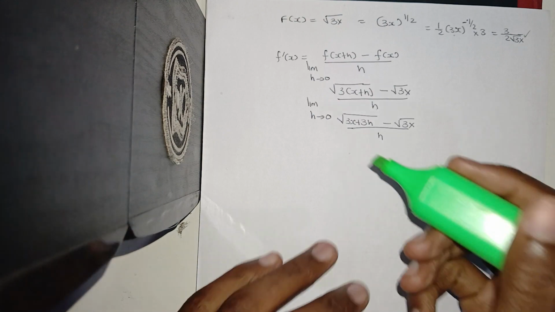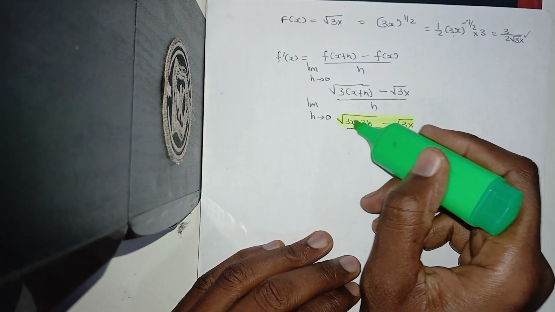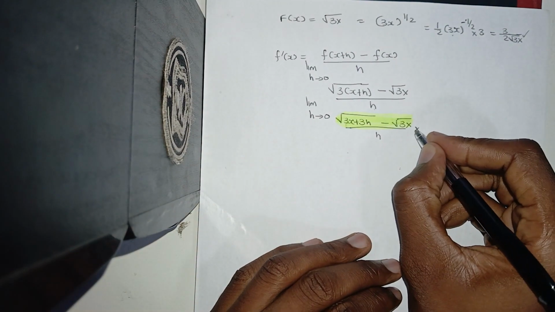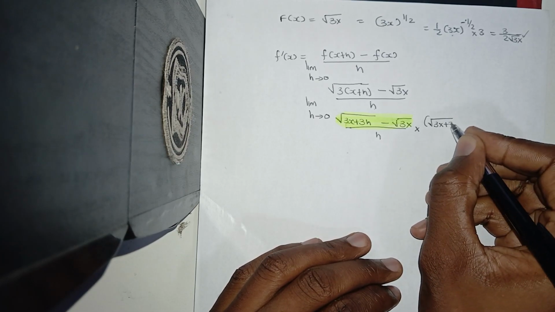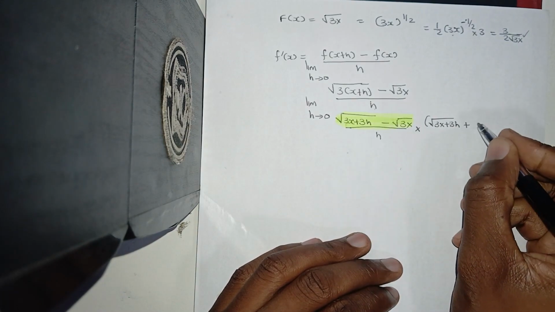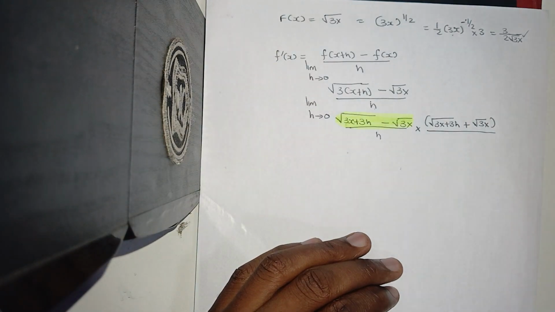When we are rationalizing, we use the conjugate. So we have to multiply by the conjugate of the numerator on both sides. The conjugate of this is just plus root of 3x. We know the conjugate even from complex numbers.